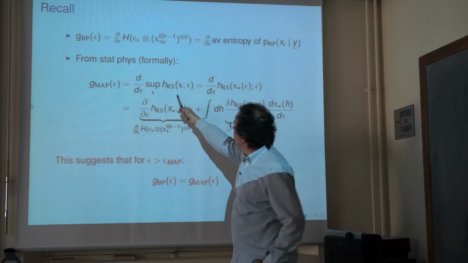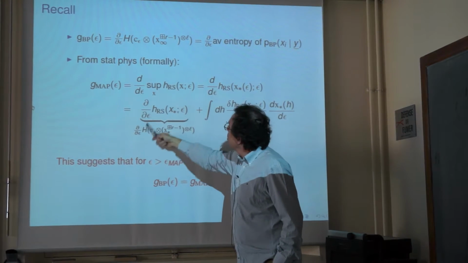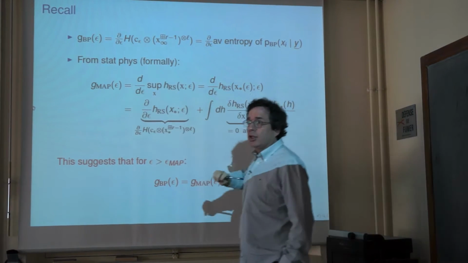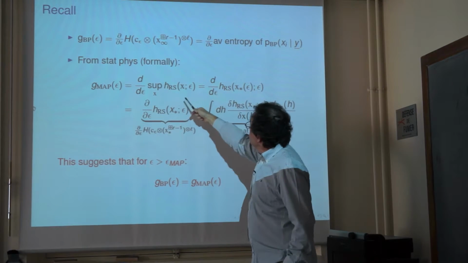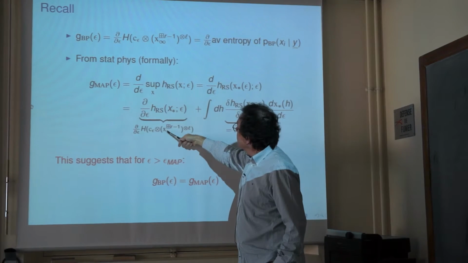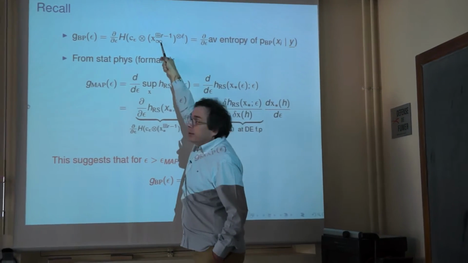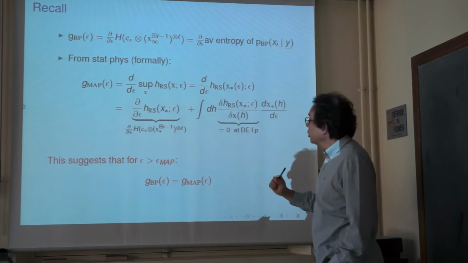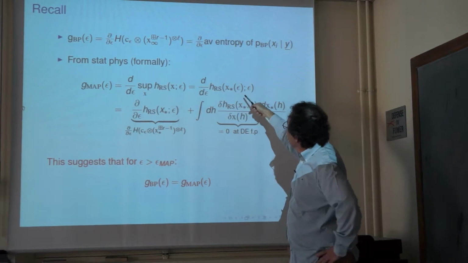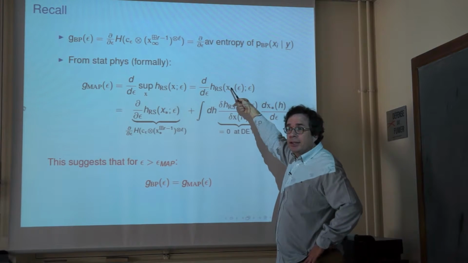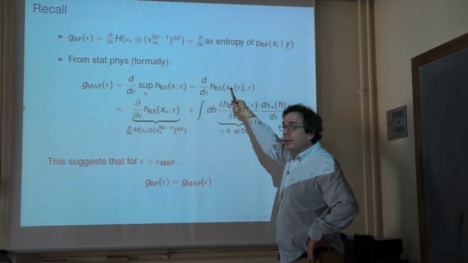And if you compute this from the expression of H RS, you find something that's almost like the BP exit curve, except maybe this x star, where the supremum is attained, is maybe not exactly the same as the density evolution fixed point. And then you have to differentiate with respect to the internal dependence of the sup on epsilon, okay?